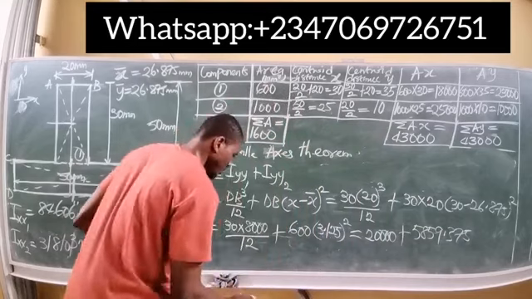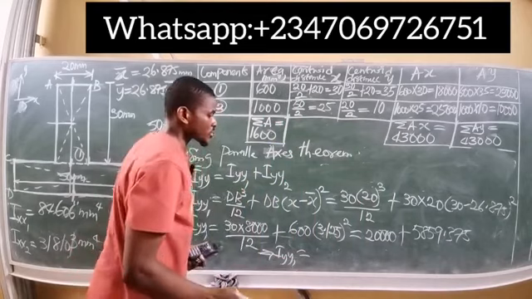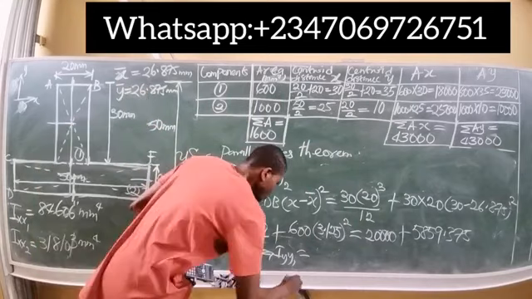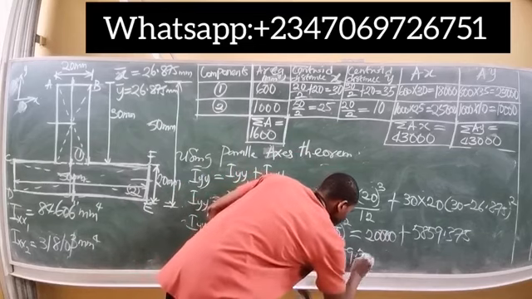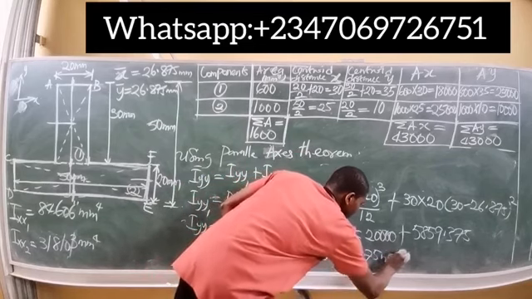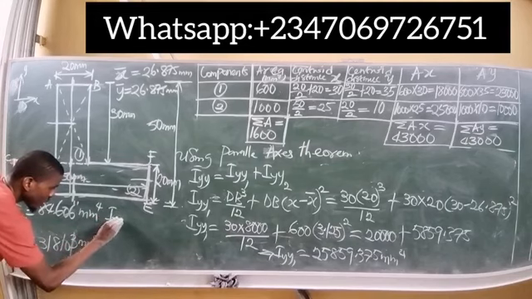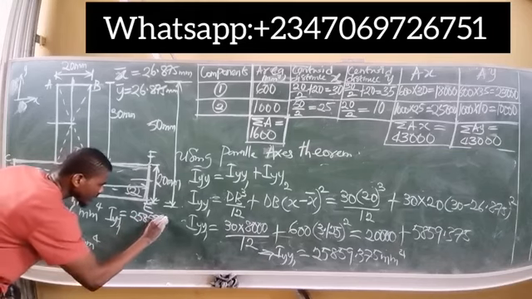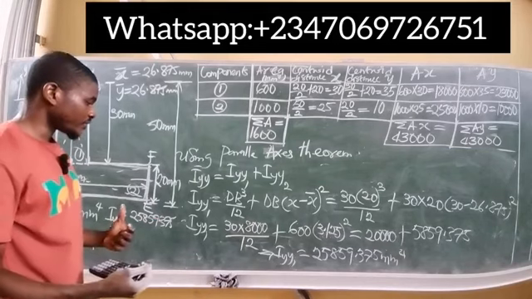If you add the two together, Iyy1 is 20,000 plus 5,859.375, that gives us 25,859.375 millimeter to the fourth. So this becomes the moment of inertia in the y-axis for the first segment. Let's put it down here.